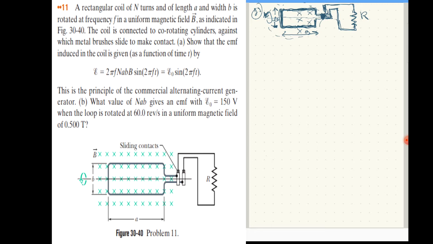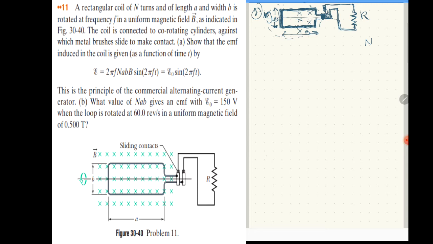So the problem gives us the expression for the electromotive force in letter A. In letter B, the problem asks you to determine the value of the product of the coil, because there are N coils here where I am drawing.